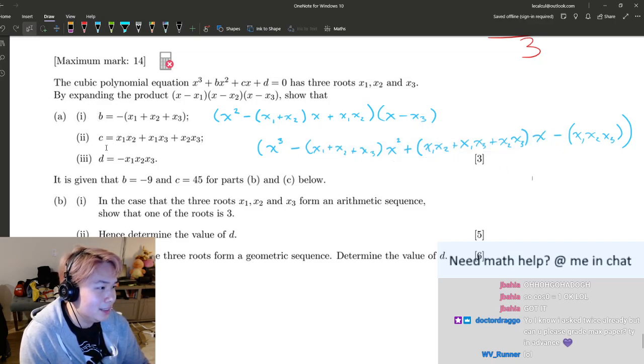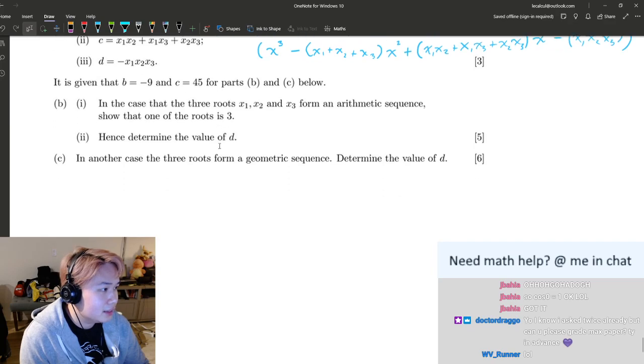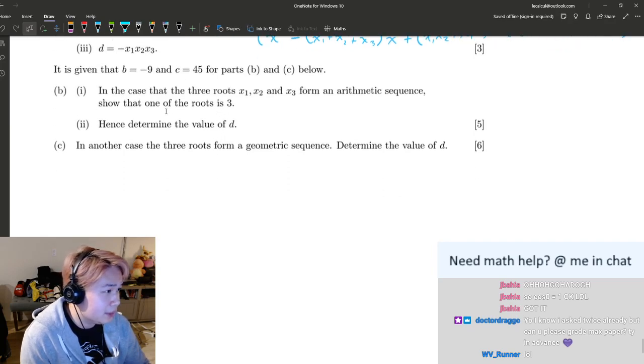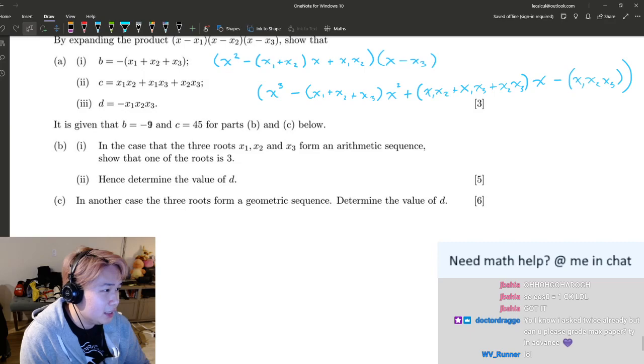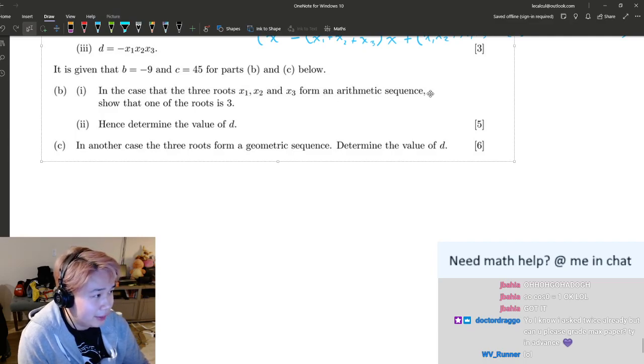You show that B, C, and D are going to be exactly what they say. Anyways, I remember doing this question, so it's pretty fun. We know that B, this thing, is -9. And we know that C is 45. And then the roots x1, x2, and x3 form an arithmetic sequence.